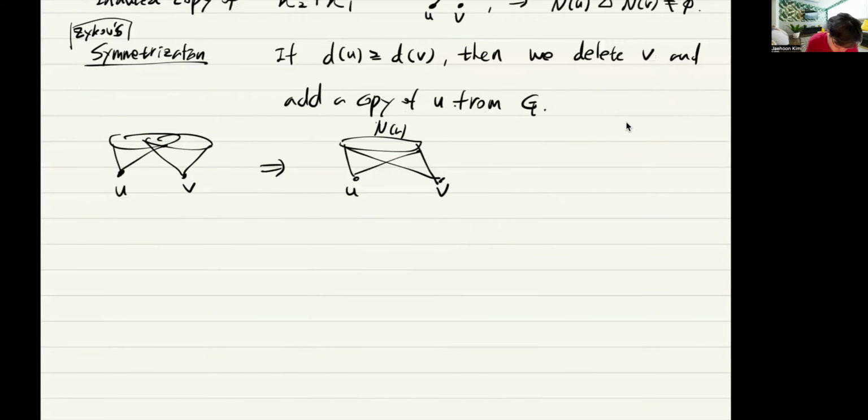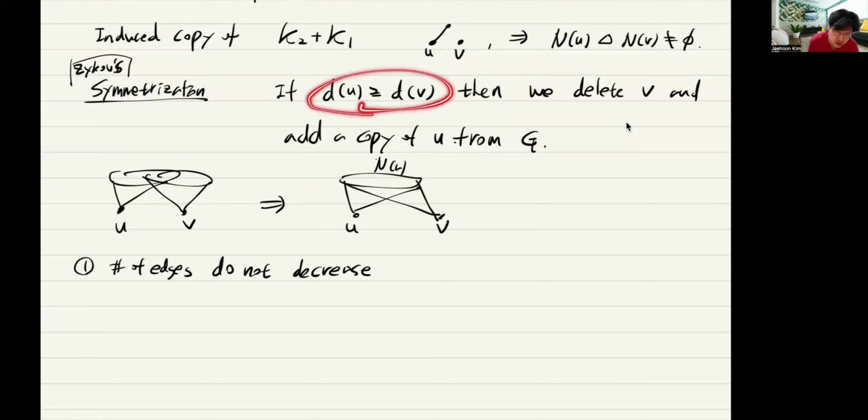And what you know is that the number of edges does not decrease. Because of this condition, you delete degree of v many edges and then you add degree of u many edges. So it either stays the same or it increases.